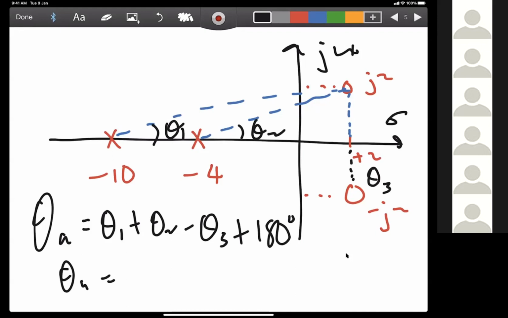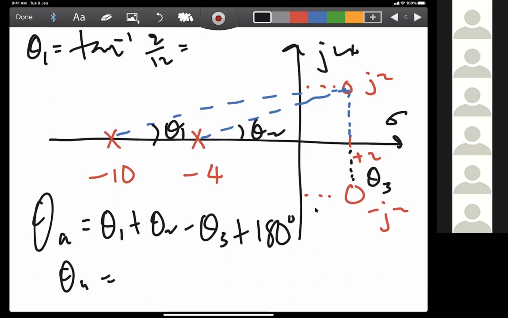How do you find theta 1? Arctangent of 2 over 12.